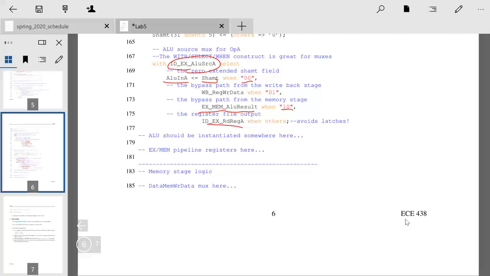Okay, so we have this when others. We have these 3 conditions, and the only other condition it can be is 1, 1. And that's not completely true, because a standard logic vector can actually take on one of four values. 0 and 1 are the ones we're familiar with, but it can also take on a Z, which is high impedance, and it can take on an X, which is undefined.